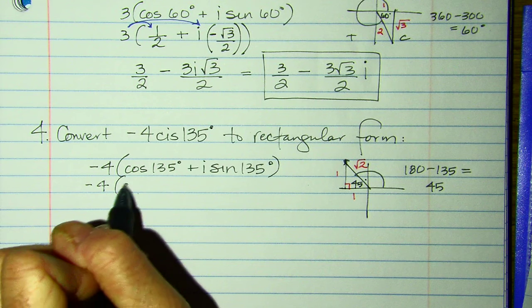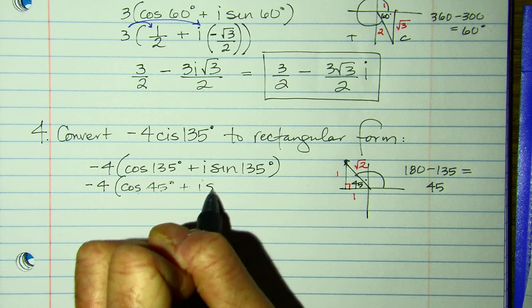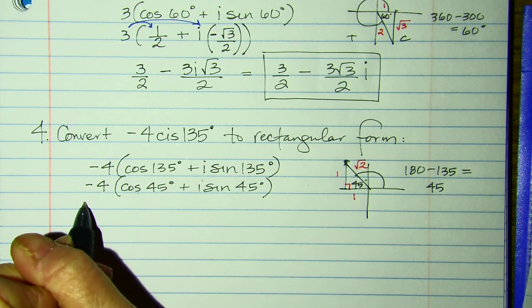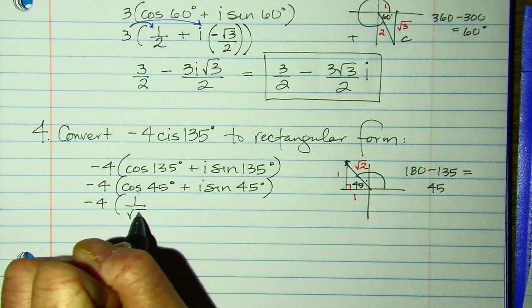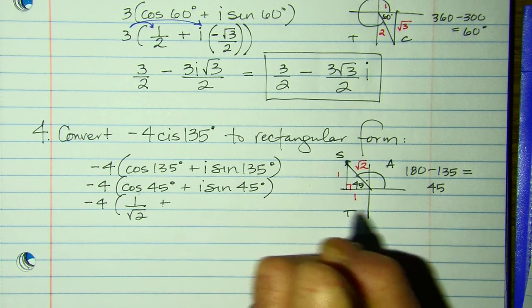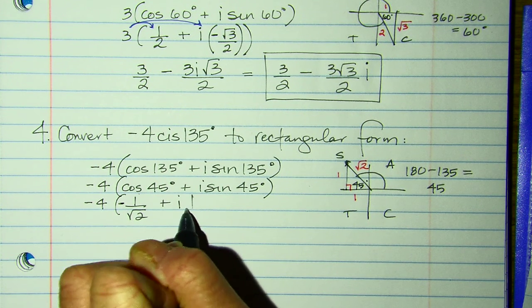So I'm really evaluating the cosine of 45 degrees plus i sine 45 degrees. They're both actually the same, so this would be 1 over root 2 plus, well, all students take calculus, so cosine is negative, but sine is positive.